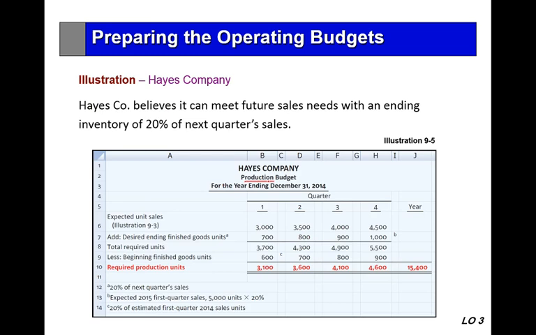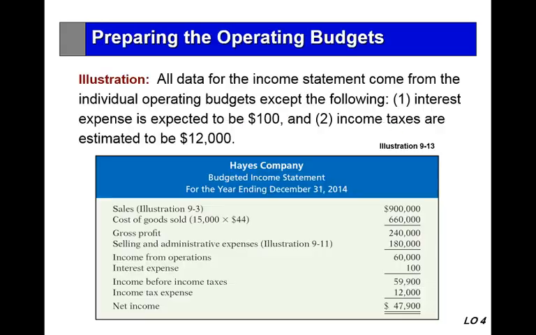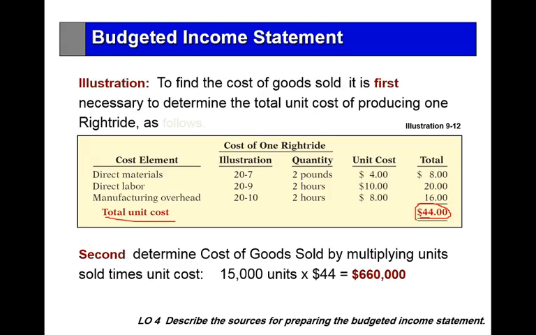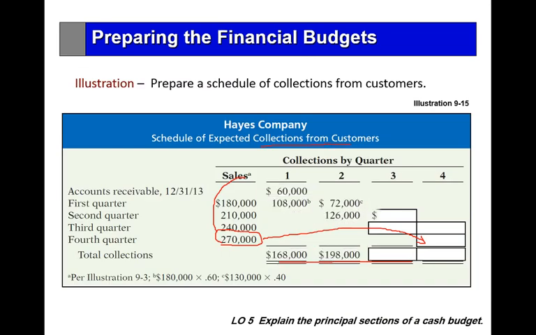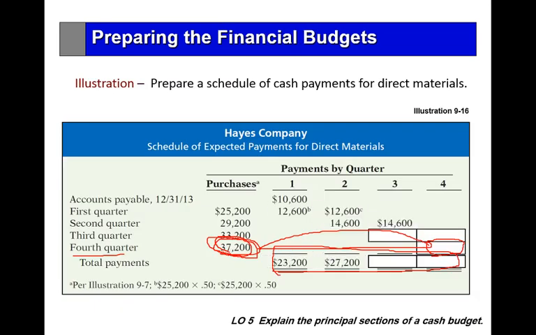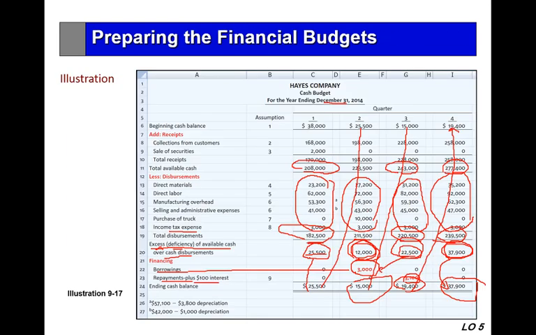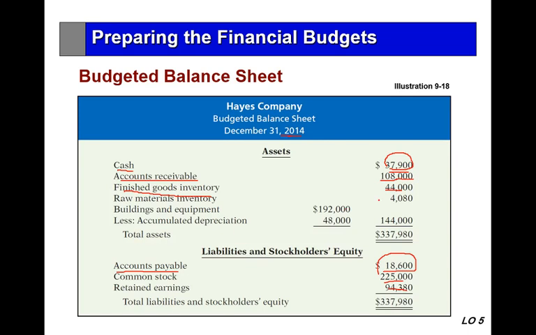In the production budget in the previous videos, we have 1,000 units expected to be the ending finished goods for the fourth quarter of 2014, which is the end of the year. 1,000 units multiplied by the cost per unit 44. Here we have the ending finished goods, which will be expected to be 44,000.